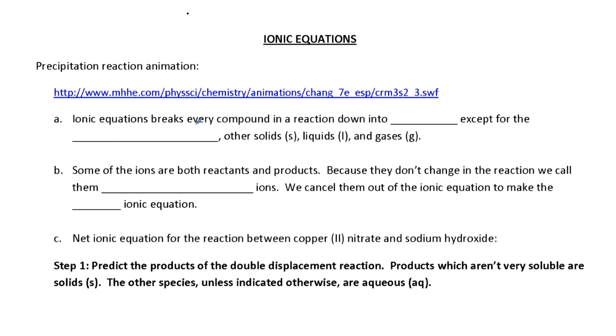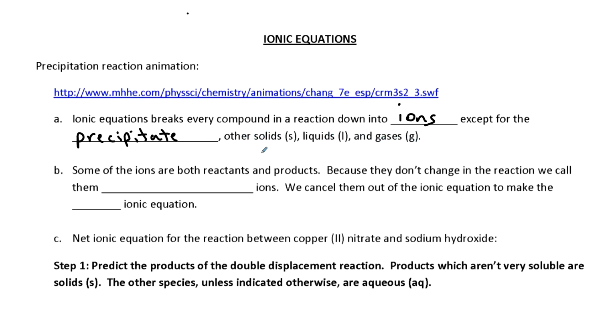Ionic equations break every compound in a reaction down into ions, except for the precipitate, or other things that don't break down into ions, which are other solids, liquids, and gases.